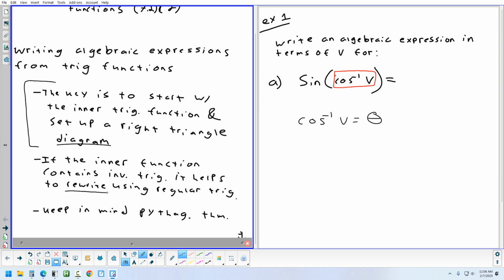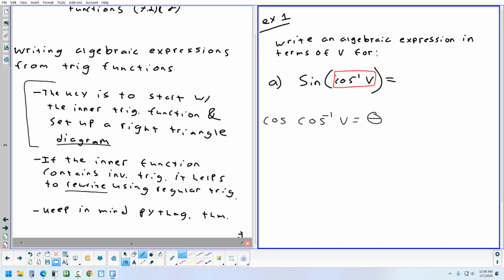How would we get rid of inverse cosine? Yeah? Multiply both sides by cosine. Take cosine of both sides. Exactly. That's what I was getting at. Take the cosine of both sides. So we're going to take the cosine of what's on the left.